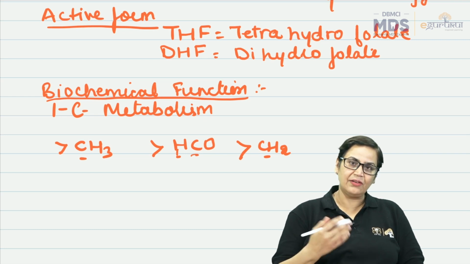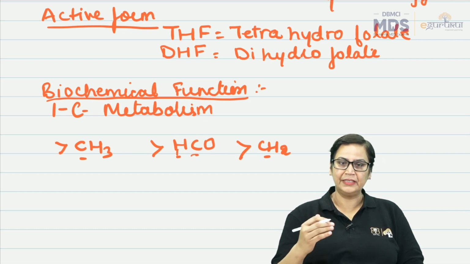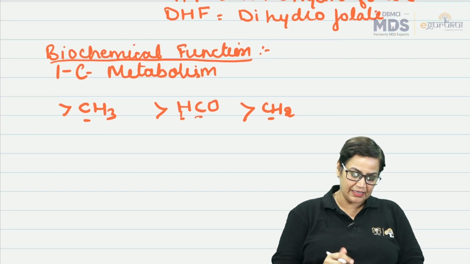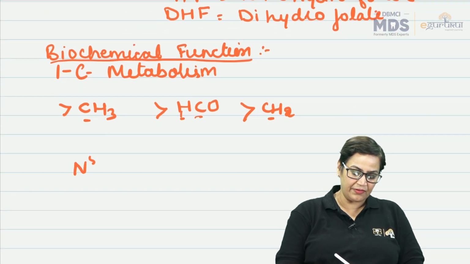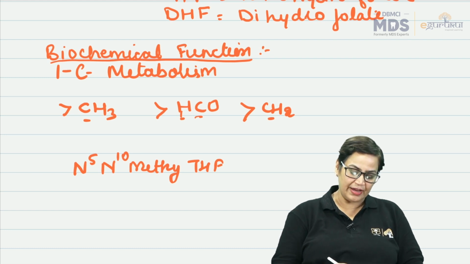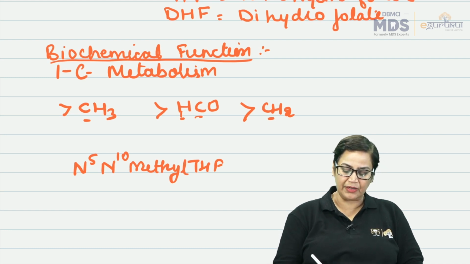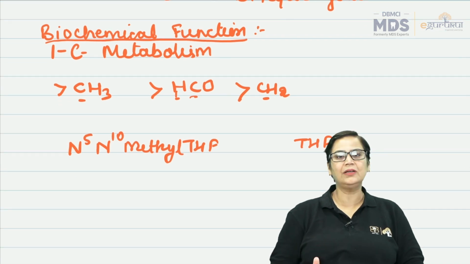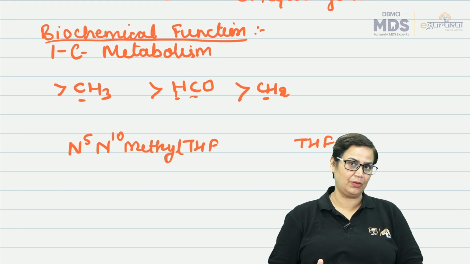And that is why we say tetrahydrofolate, and how we write it. Suppose if I write N5 N10 methyl THF, it means that it is carrying this methyl group. When it donates this methyl group, it will be converted into simple THF. So the methyl group has been given to the donor. So this is 1-carbon metabolism.